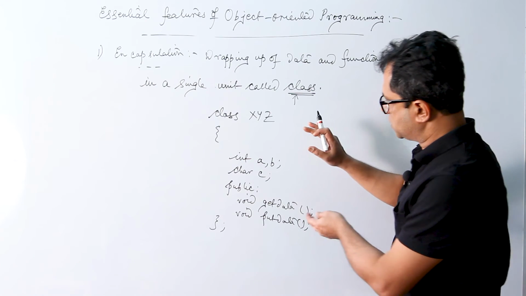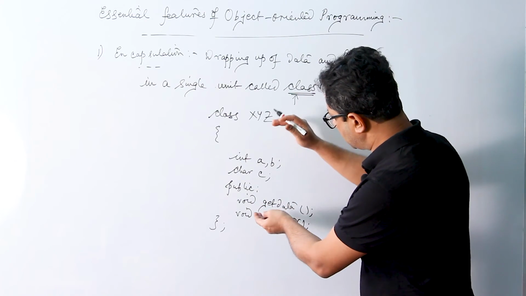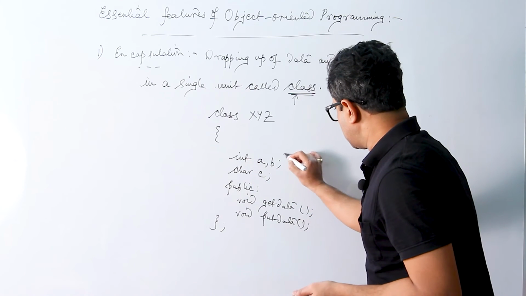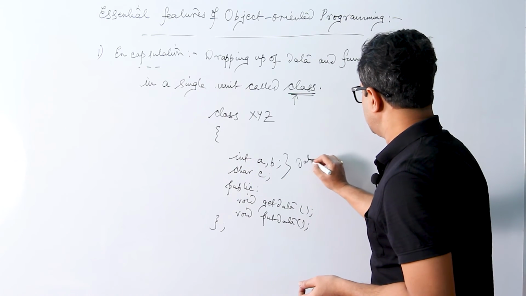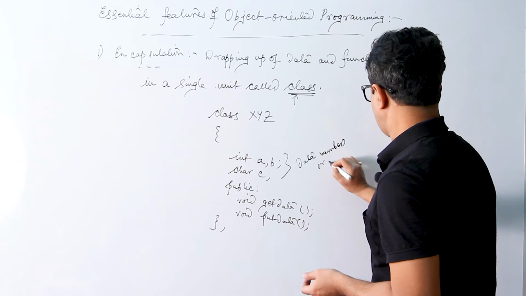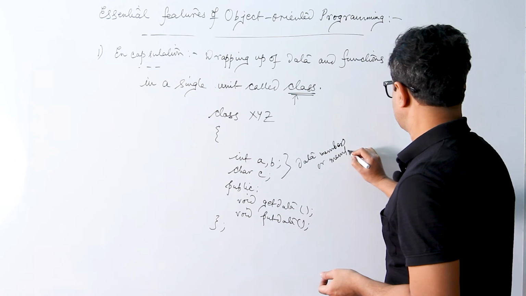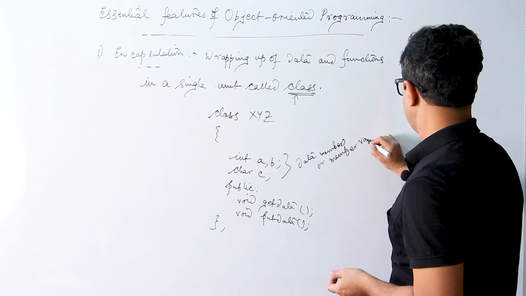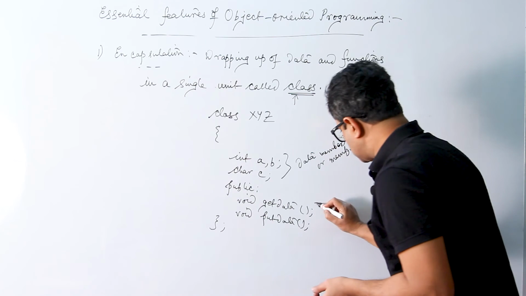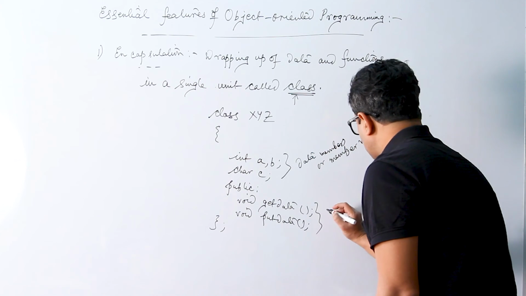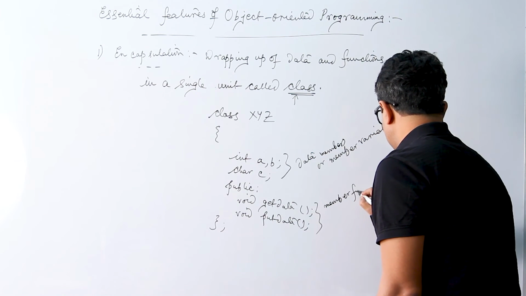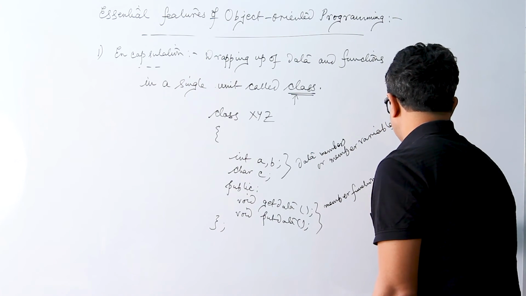Now I am going to show you the structure of a class. Suppose this class contains these data members, also called member variables, and these 2 are member functions.